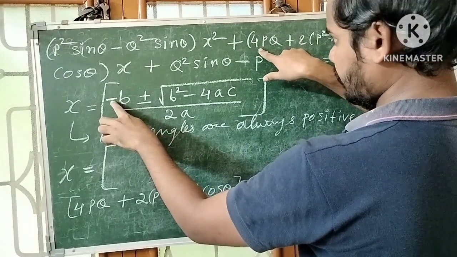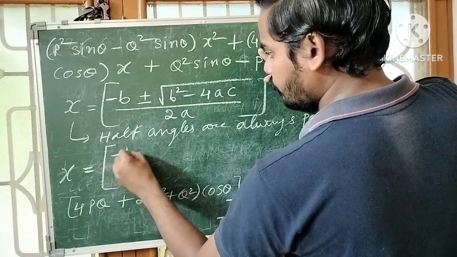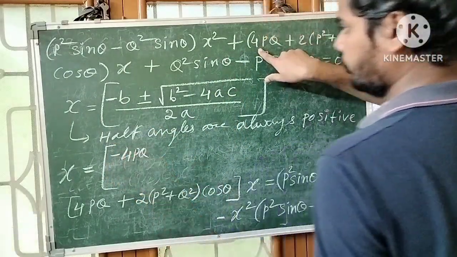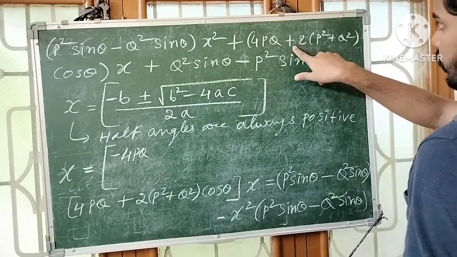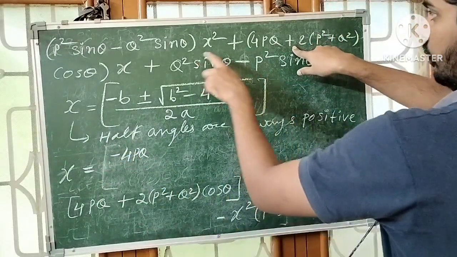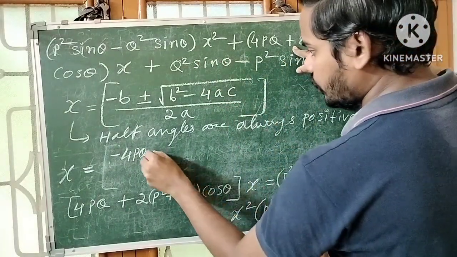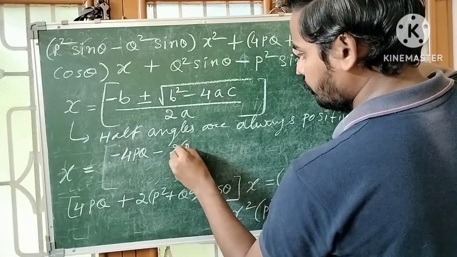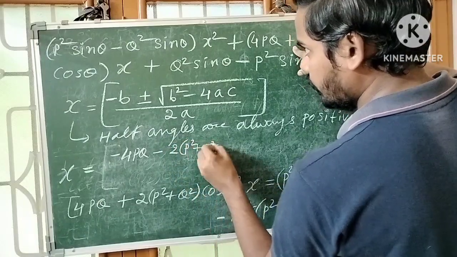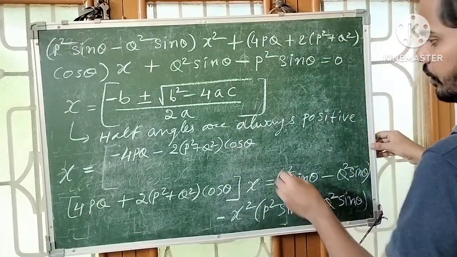Now multiply with minus, I am writing direct steps. Minus into 4pq, minus 4pq, minus 2 into p square plus q square into cos theta. So the minus b term is completed.